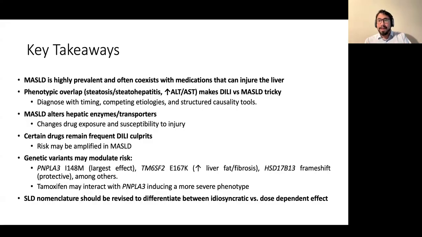There are people with genetic risks that promote liver steatosis by different mechanisms. There are drugs that can induce hepatic steatosis, and there are drugs that can cause idiosyncratic drug-induced liver injury.